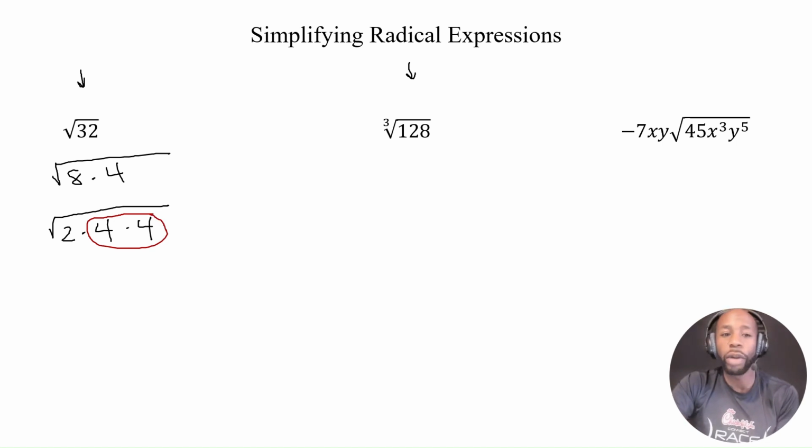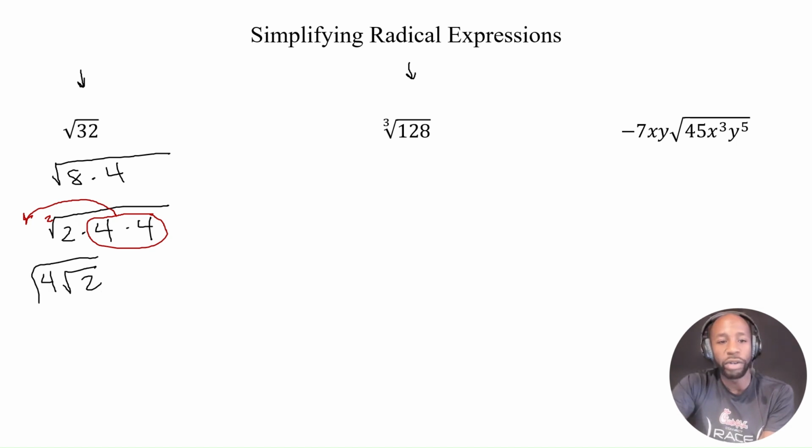We're taking the square root, the second root, which means we're asking ourselves, is there anything underneath the bracket where it's two of them that can come out as one of them? A factor that can be multiplied by itself to get whatever number. And so we have two fours that can come out as one four. So that becomes 4 times the square root of 2 as a final answer.